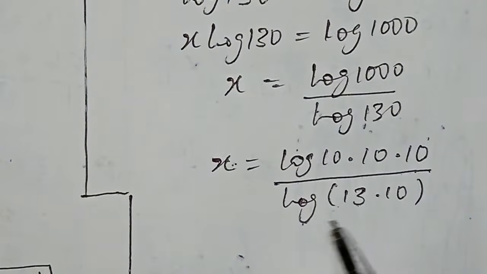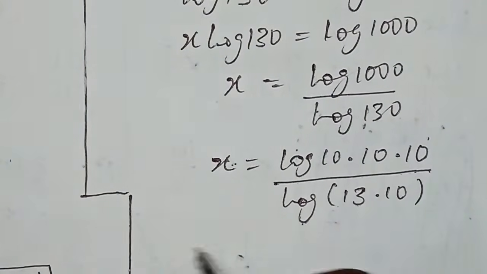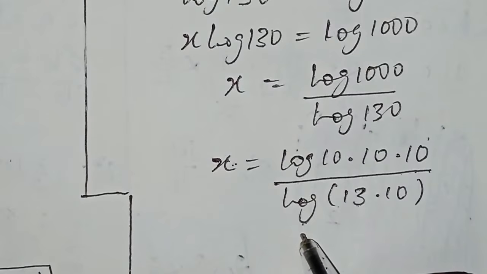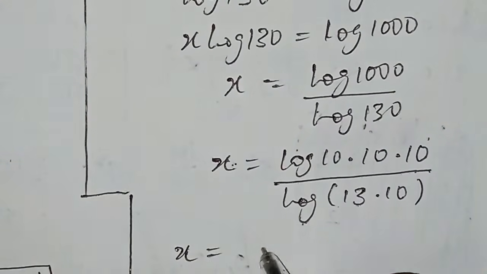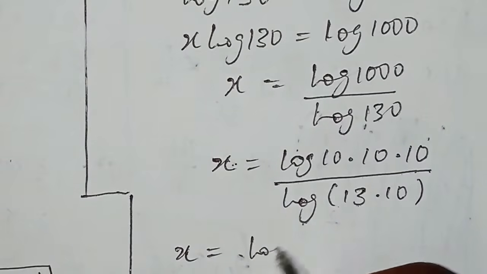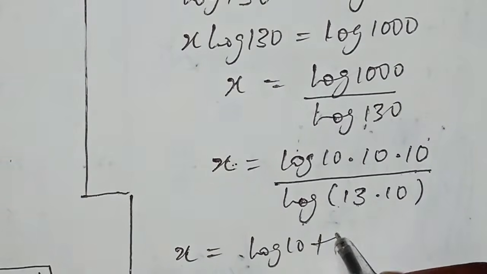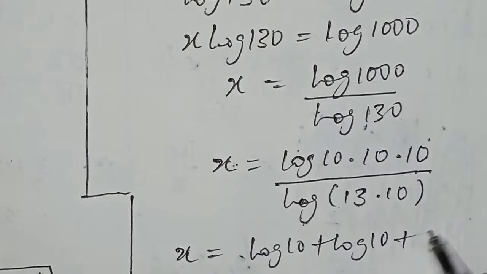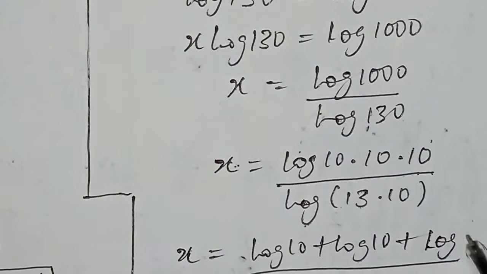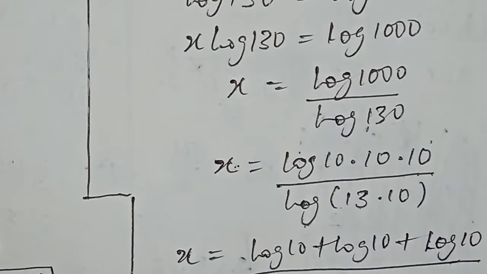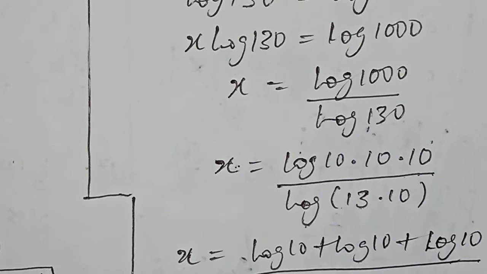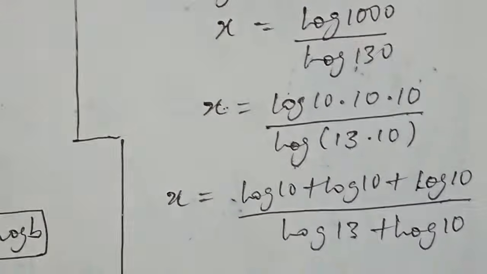Now here we can simplify this considering the log identity. That becomes x equal to log 10 plus log 10 plus log 10 over log 13 plus log 10.